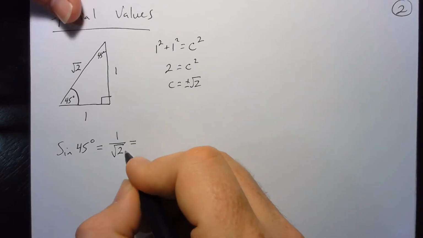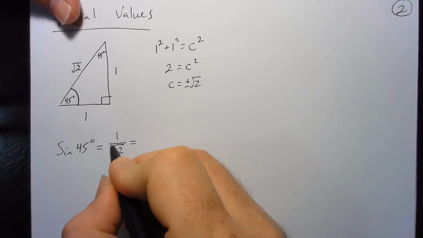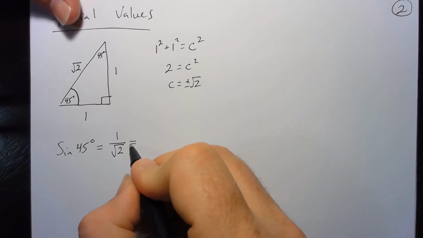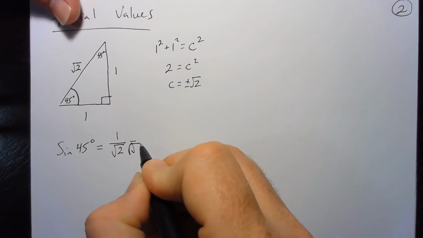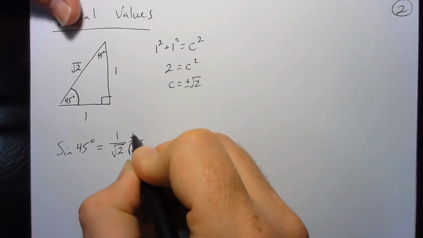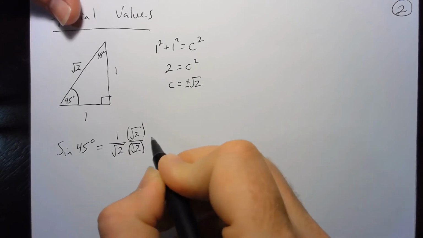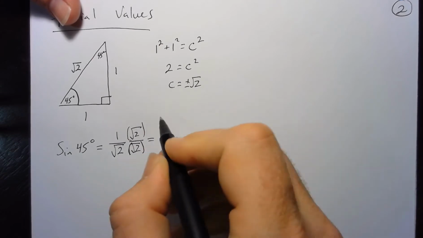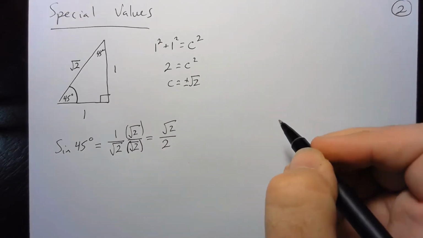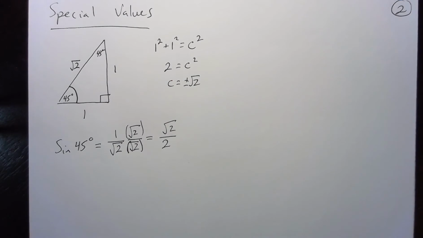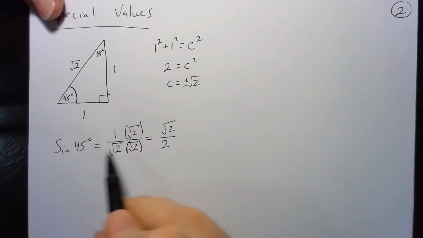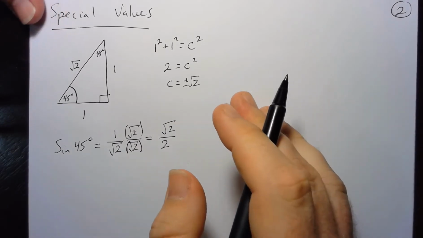The way that we rationalize it is to multiply top and bottom by that radical. It's going to be the square root of 2 on top and on bottom. When I multiply the bottom by the square root of 2, I get 2. When I multiply the top by the square root of 2, I get radical 2. And therefore, the sine of 45 degrees, no matter what we're working in, will always be radical 2 over 2. This is the value of sine of 45 degrees no matter what we do.